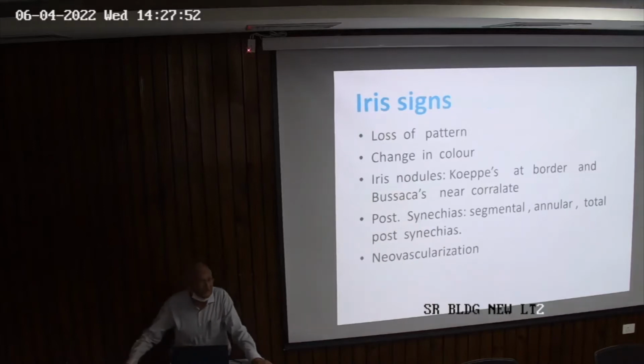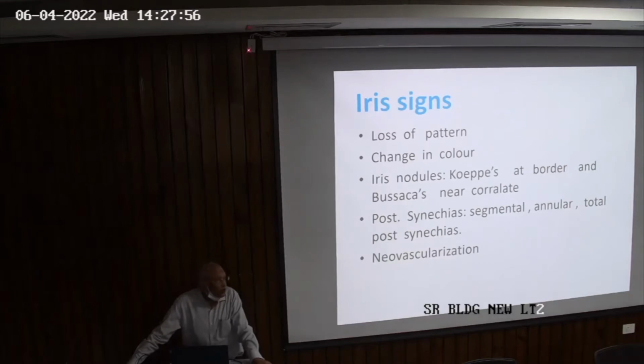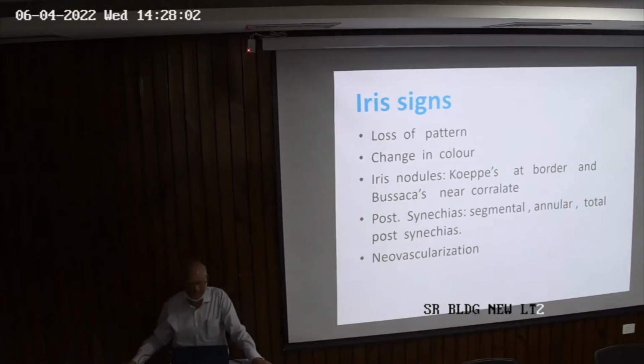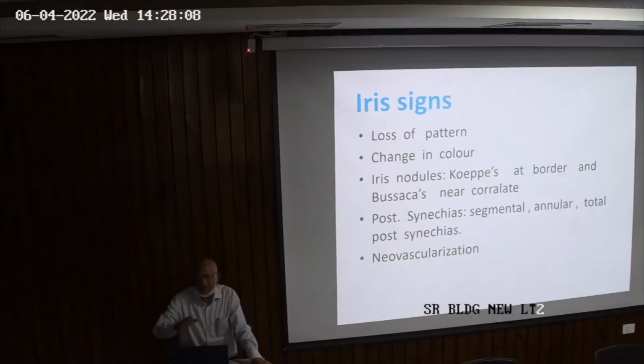Then coming to the anterior part, we see the iris. These are the findings: loss of pattern, because there will be edema, fluid will be there. The iris becomes brownish or muddy, and the pupil will be miotic, a narrow pupil, because the fluid pushes the iris part to the center side, so miosis of the pupil occurs. Changes in the color: normally it is brownish, then becomes muddy in acute iridocyclitis.